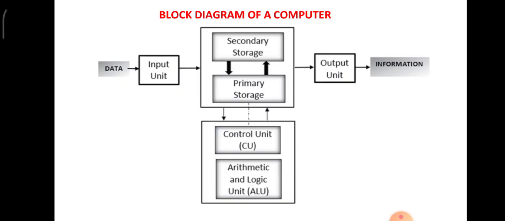So 2 plus 3 is calculated, which is equal to 5, and immediately the result will be sent back to the primary storage, which is RAM, and quickly it will move to the output unit, which is the monitor, and finally the result is displayed onto the monitor.